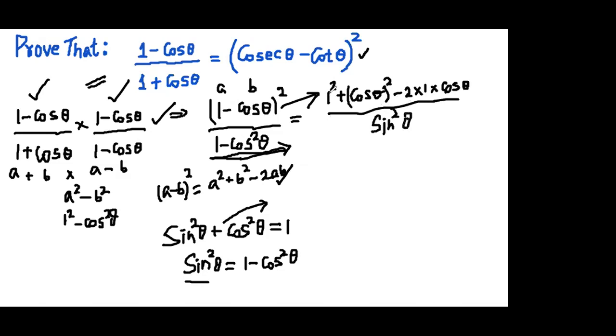Now 1 square will be 1, cos theta square will be cos square theta, and it's minus 2 cos theta, and in the denominator it's sin square theta.